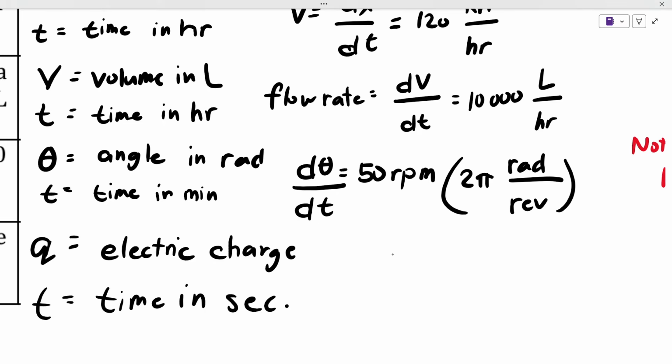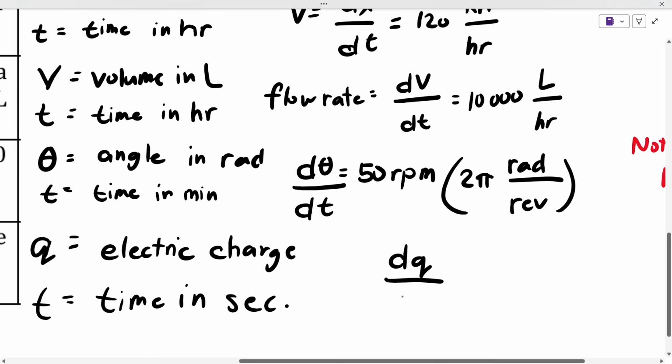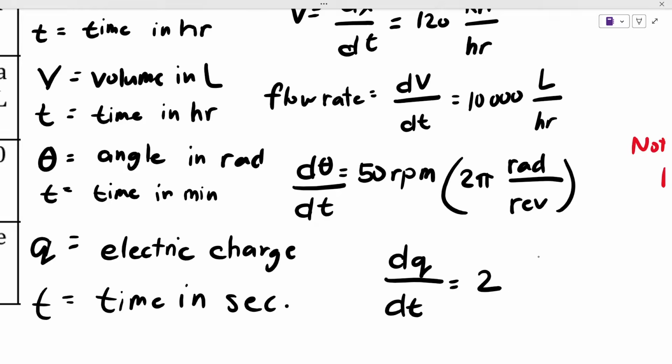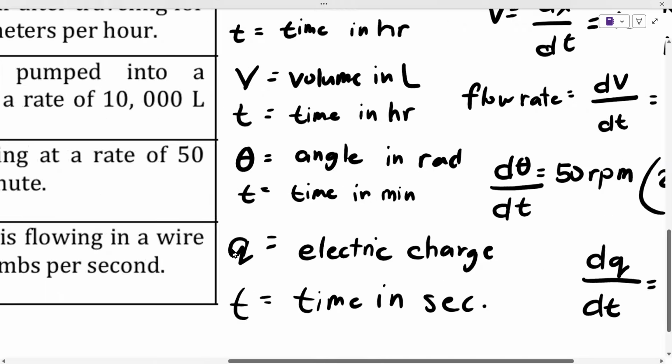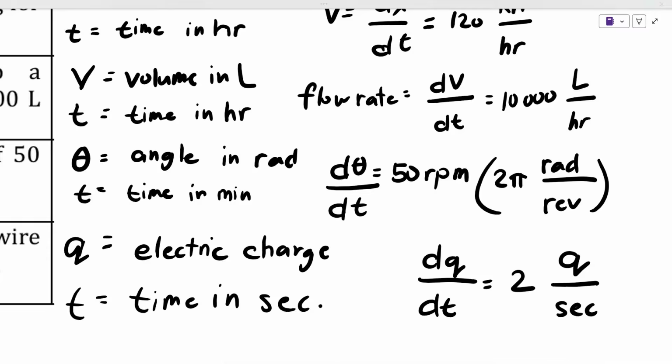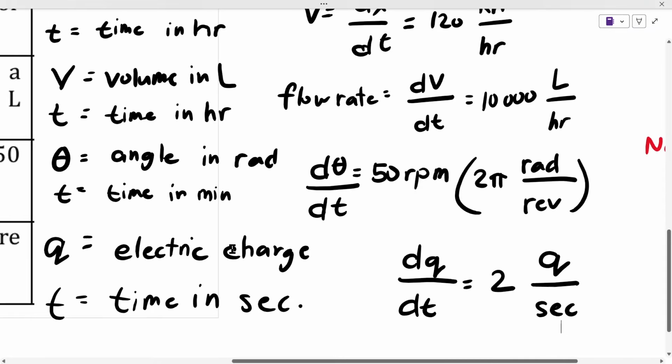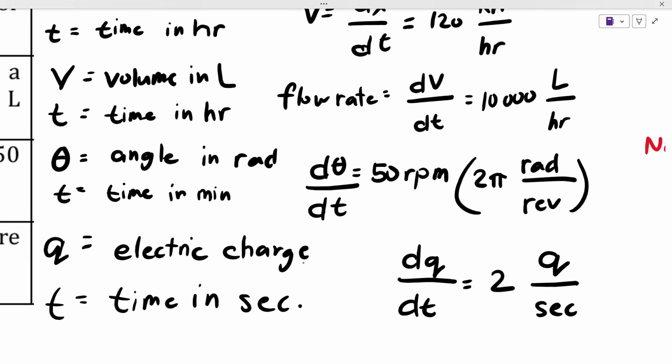So there's a change in electric charge over time, and that is 2 coulombs per second. Electric charge, by the way, is measured in coulombs, letter C, and that is the unit of the electric charge.